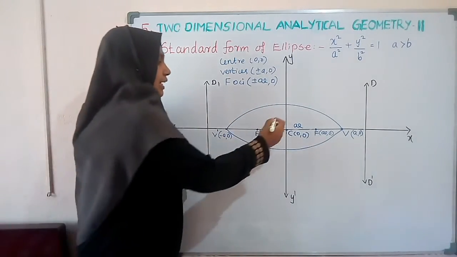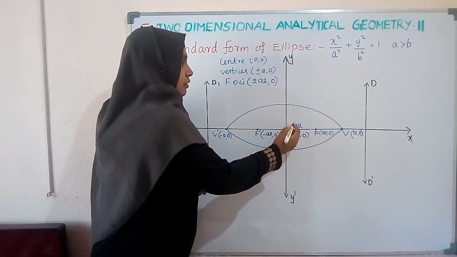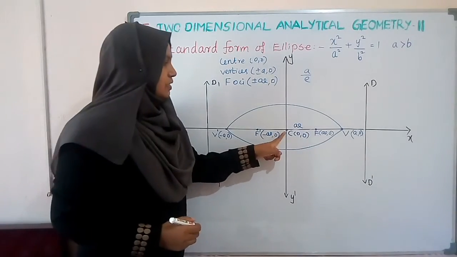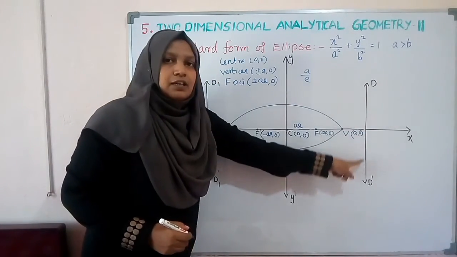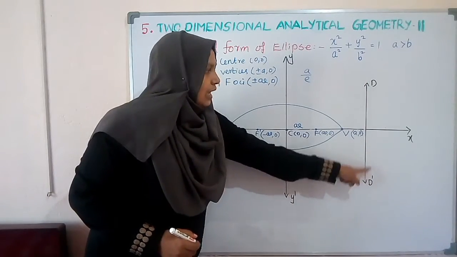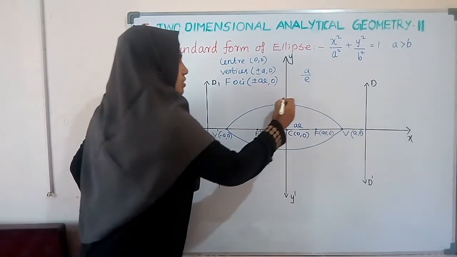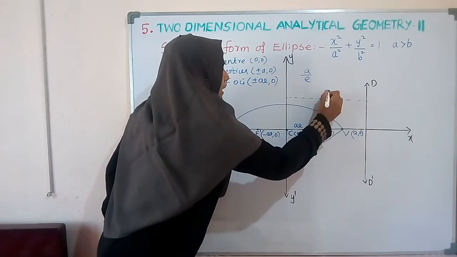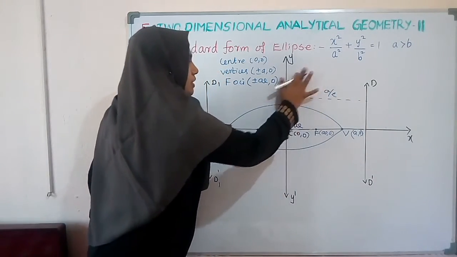And the directrix is at a distance of a by e units from the center. What is the distance from center to directrix? Here I draw the line directrix, which is D dash, and this directrix is at a distance of a by e units from the center.